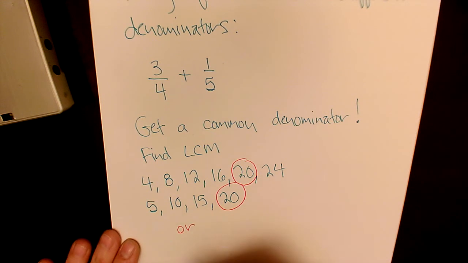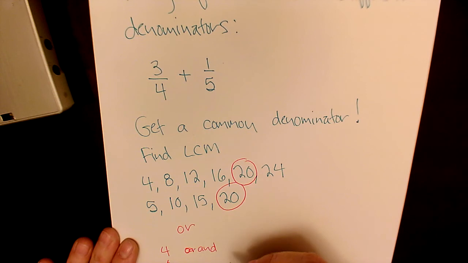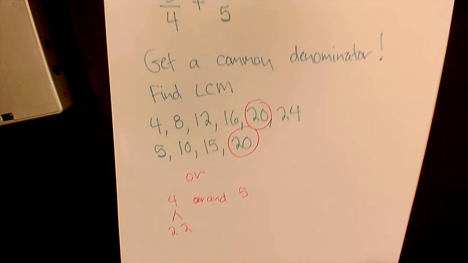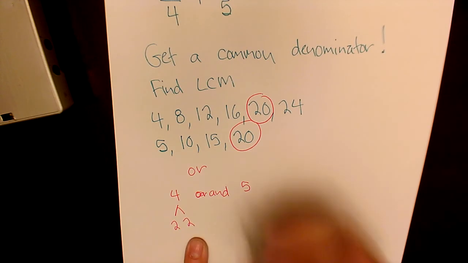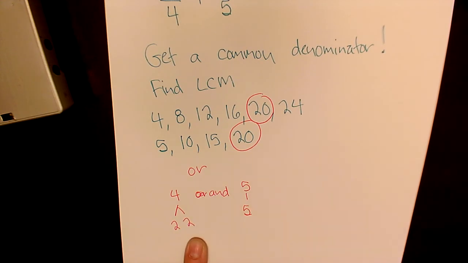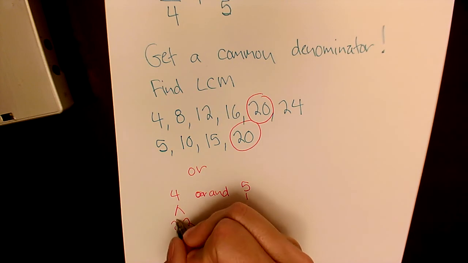Or, I think she did this way on the video, and she broke that down. 5 is already just, there's really no tree there because it's prime.